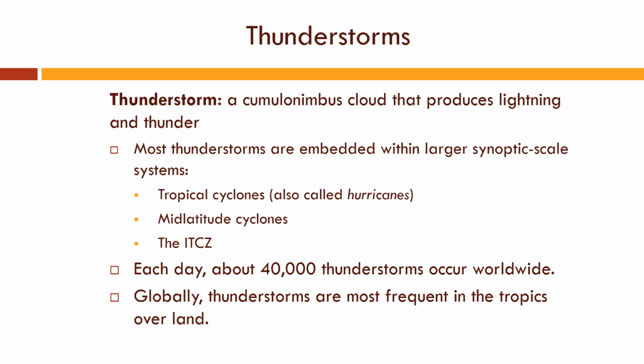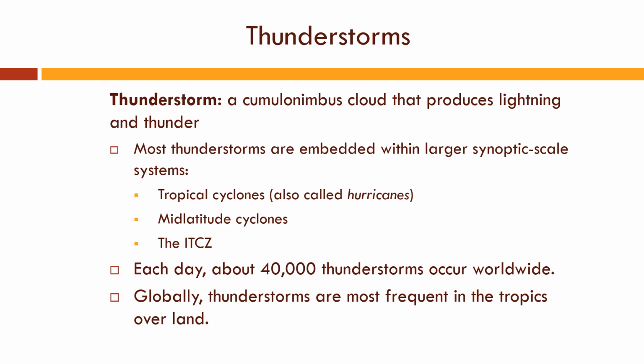There are globally about 40,000 thunderstorms every single day over the face of the planet. The Earth is a buzzing place. Globally, these thunderstorms are most frequent in the tropics over land. If you're wondering why, think about what we just said gives those storms their energy. We have solar heating of the Earth and lots of available moisture in the atmosphere.